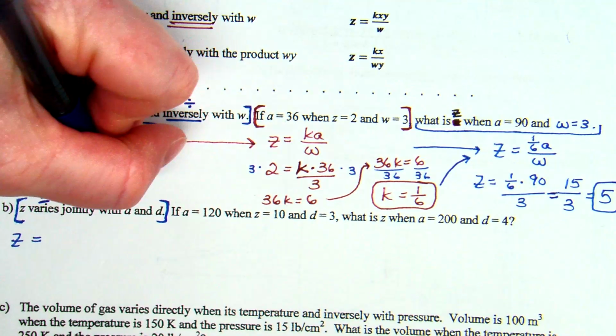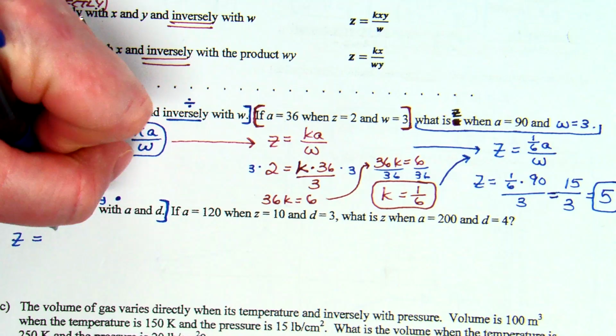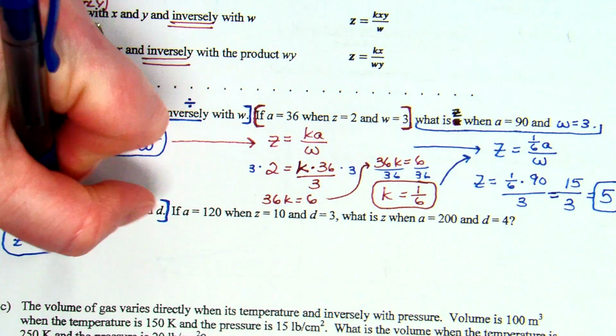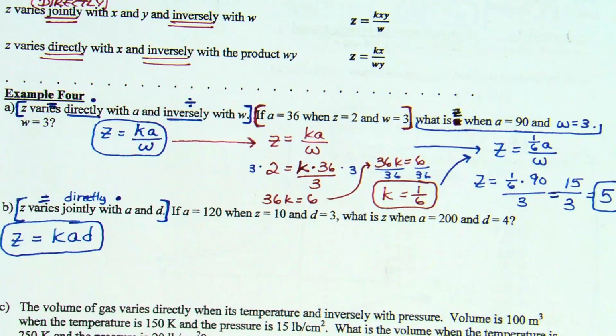So to vary directly or jointly with A and D, what am I going to do? Multiply A and D by K. You have to remember to throw that constant in there. So my starting equation is Z equals K times A times D.